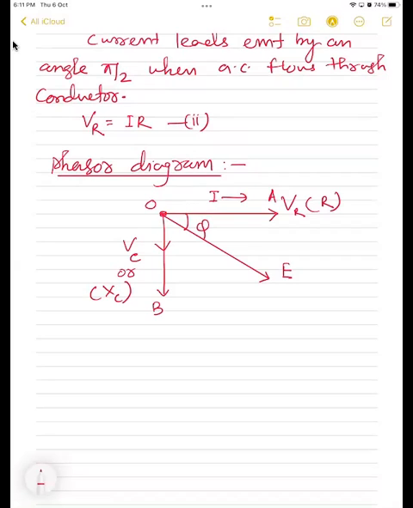The resultant potential difference of VC and VR is represented by OC. Let this point be C. This is the resultant.